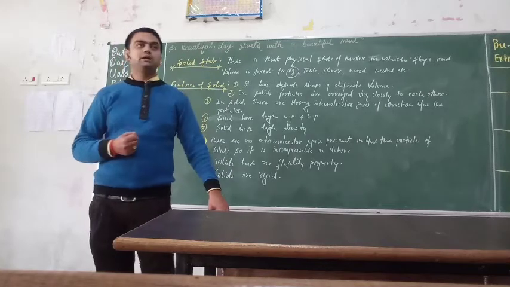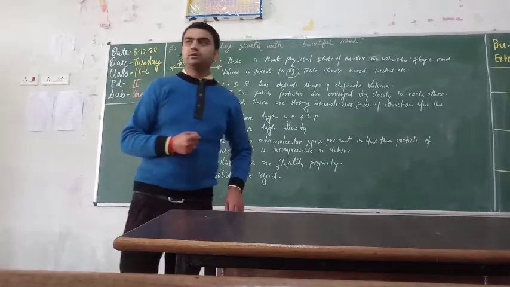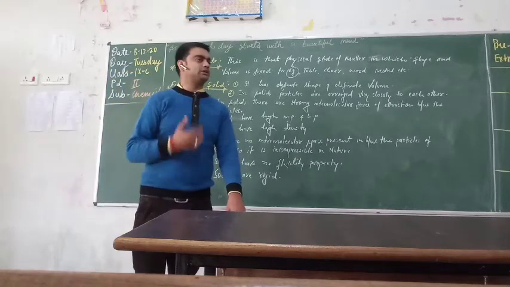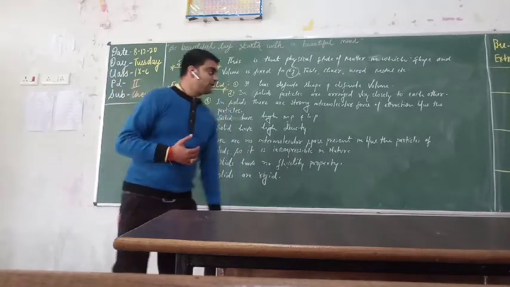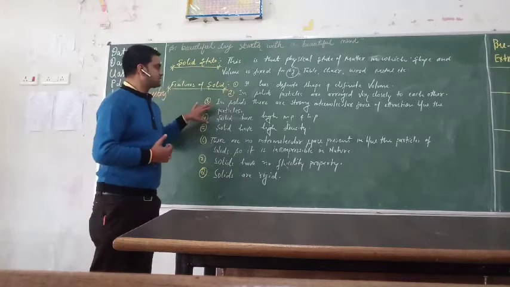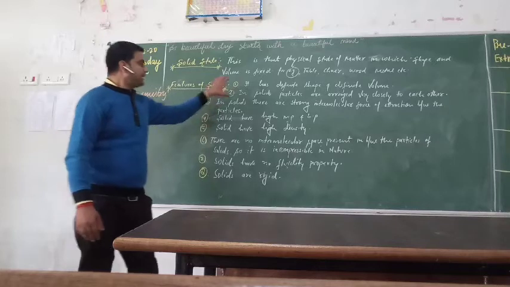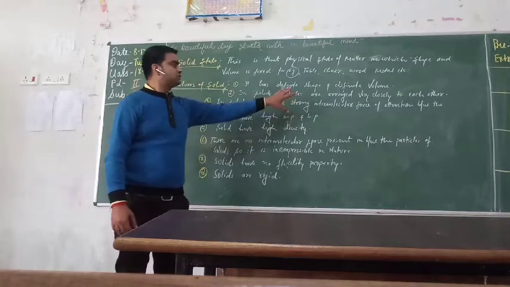But now here a question arises in our mind: how can we say that the particles are arranged very closely to each other? Clear? So the explanation of this point is given just below, in point number 3. Clear? The particles of solid are arranged very closely to each other.